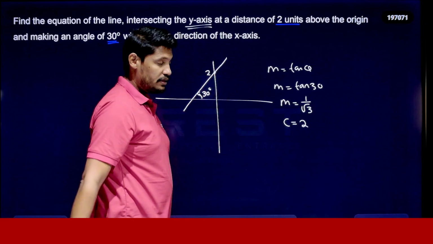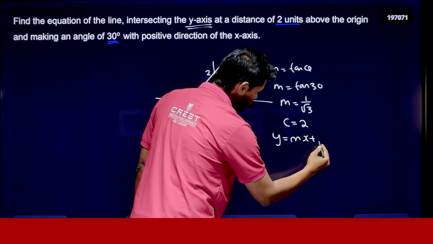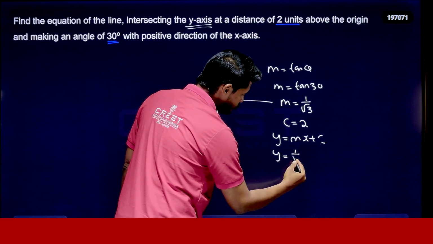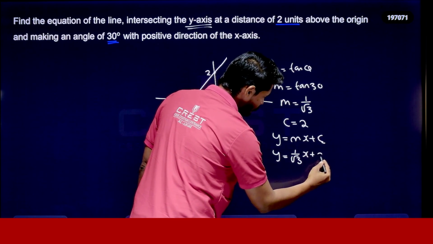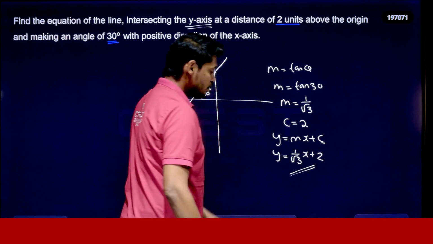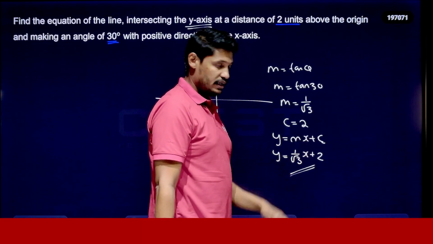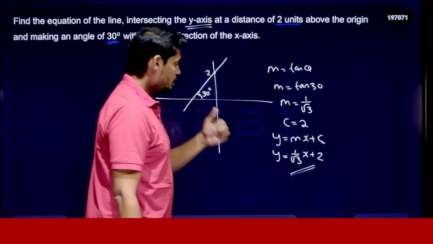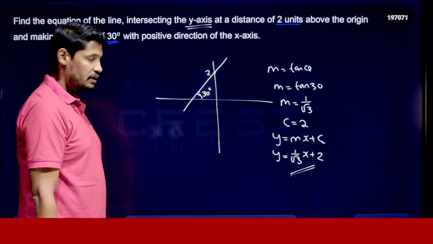So we can apply the equation y equal to mx plus c, that is y equal to 1 by root 3 x plus 2. You can stop here, or if you want, you can simplify further. This form is called slope intercept form. You can move to the next one.